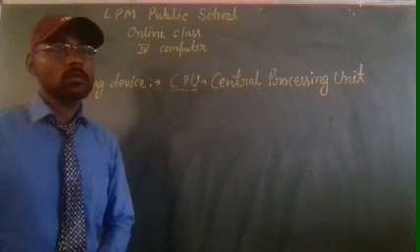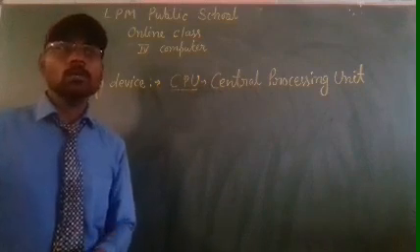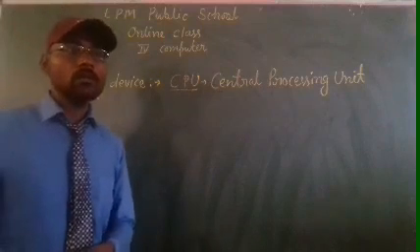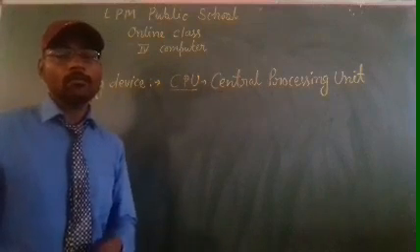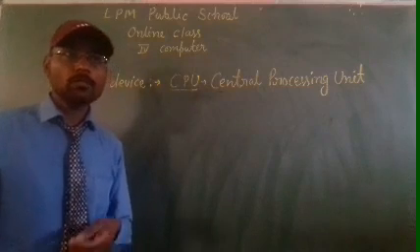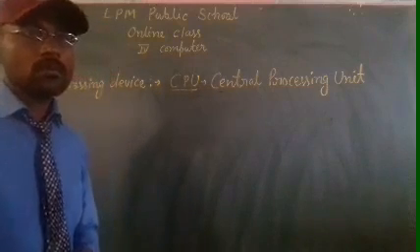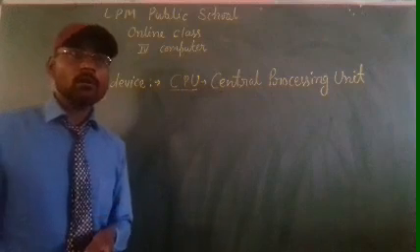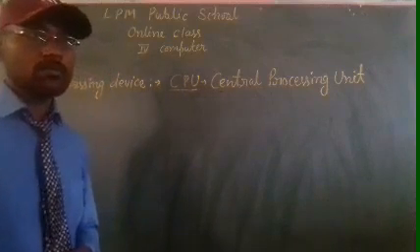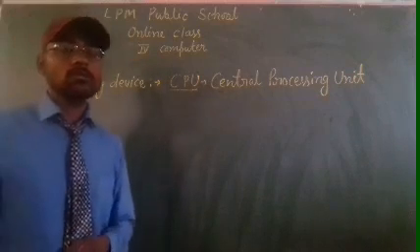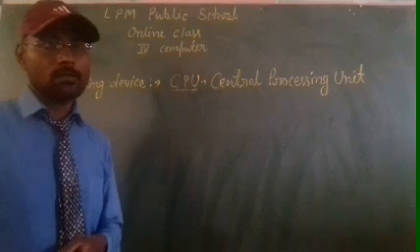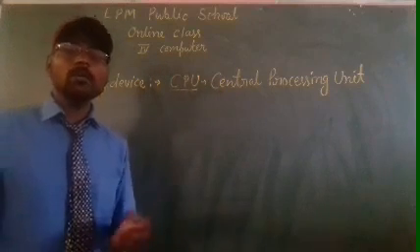Dear students, the processing device does all the calculation and comparison of data and finally displays the output on the monitor. It also stores data and information saved in a computer. A CPU is divided into three parts on the basis of their functioning.